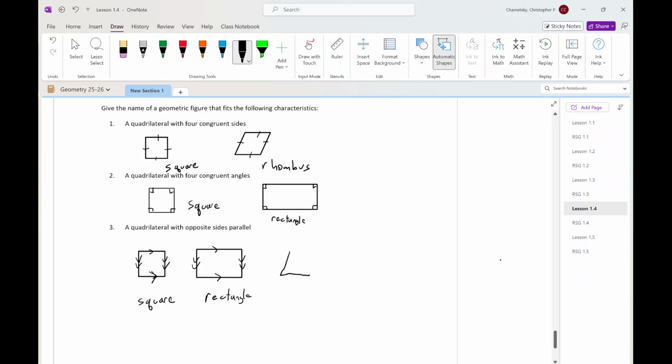A rhombus also has parallel sides. And all of these fall under a bigger category of quadrilaterals, which we call parallelograms. And those are the four that would work there.